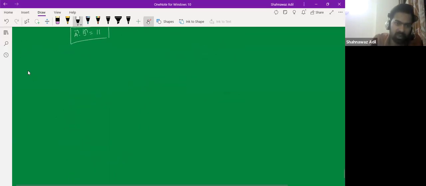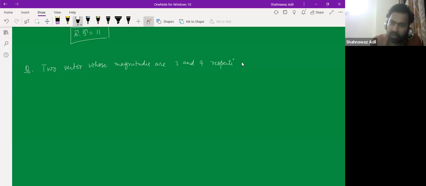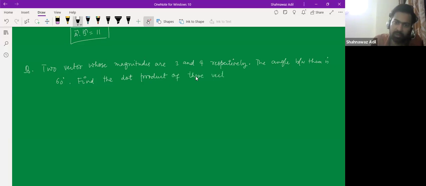The question is: two vectors whose magnitudes are 3 and 4 respectively have the angle between them of 60 degrees. Find the dot product of these vectors.